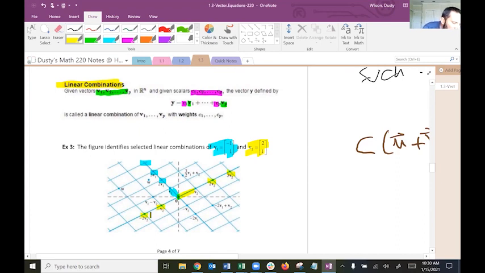And so you can imagine trying to locate a point. If we try to locate this point over here, we could ask ourselves, how many blues and how many yellows do we need in order to get there? Well, it looks like we're going to need 3 blues. That's 3 V1s.